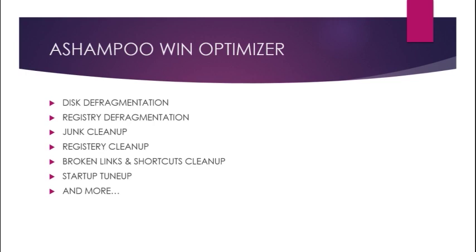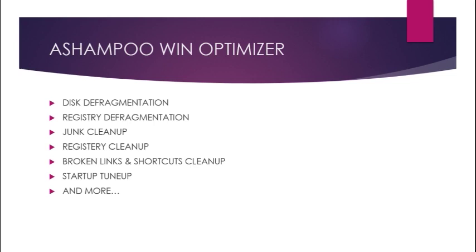The one I use, I find that works for me, is the Ashampoo WinOptimizer. Okay, so it has all of these features: disk defragmentation, registry defragmentation, junk cleanup, and all that, all in one place. Okay, so I already have that installed and have been using it for a while.